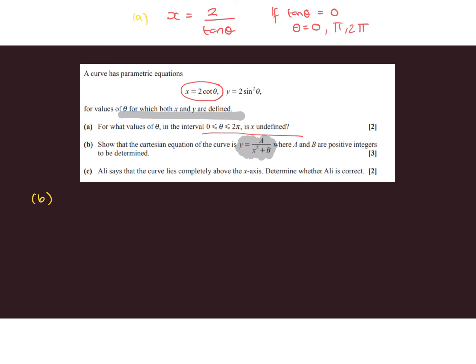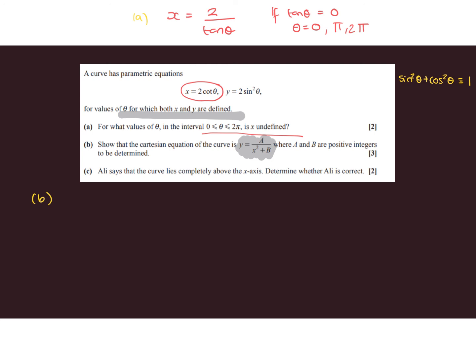Our aim is to eliminate theta from these two results. Now, if you are well versed in your trigonometric identities, you will know that based on the main Pythagorean identity, sine squared theta plus cos squared theta is 1, there is a trigonometric identity that links cot and cosec. And cosec is 1 over sine, and that's the kind of reasoning that really helps answer a question like this.